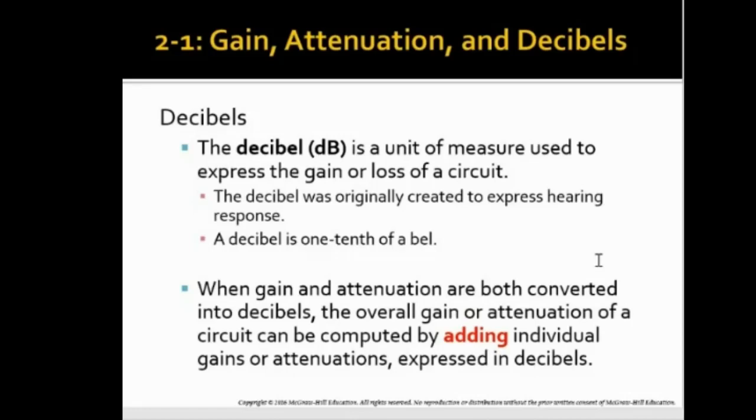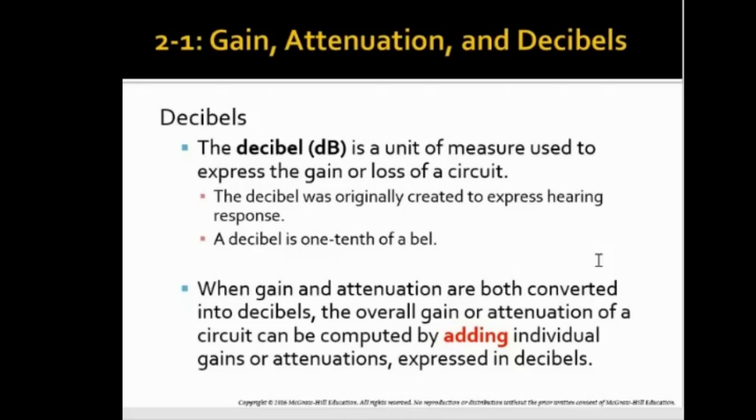So this bel comes from his name. When gain and attenuation are both converted into decibels, the overall gain or attenuation of a system or circuit can be computed by adding individual gains or attenuations, since they are expressed in decibels.